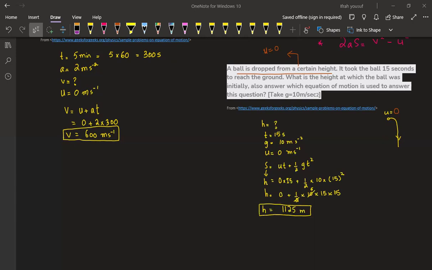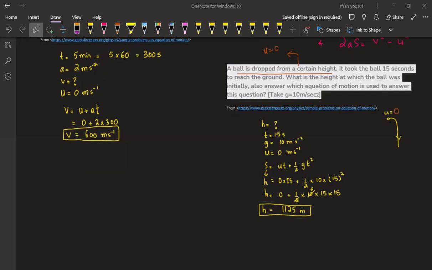By the word instant, what do you understand? The smallest time, right? For a short interval of time.